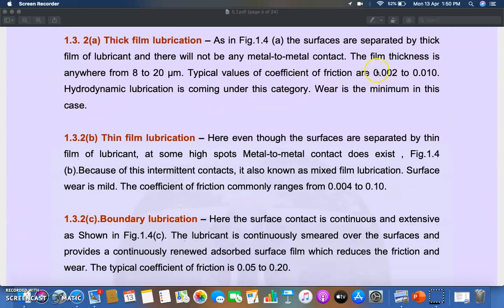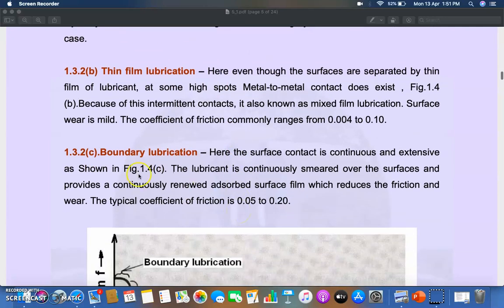Now this is the definition. The film thickness is anywhere from 8 to 20 micrometers in thick film lubrication, and typically the coefficient of friction is 0.002 to 0.01. In thin film lubrication, the coefficient of friction is commonly between 0.004 and 0.1, meaning the friction coefficient is much higher compared to thick film lubrication.